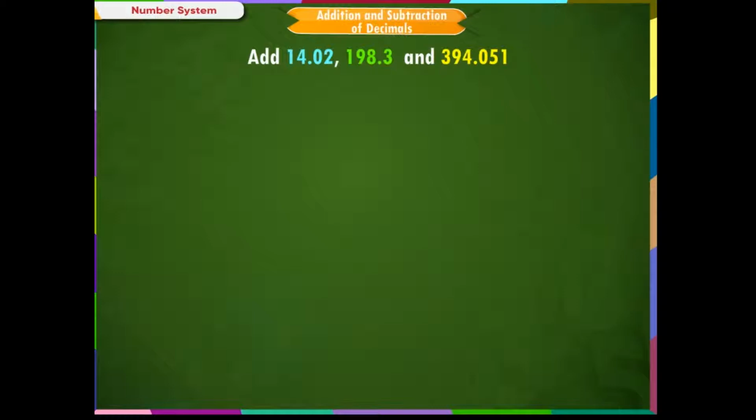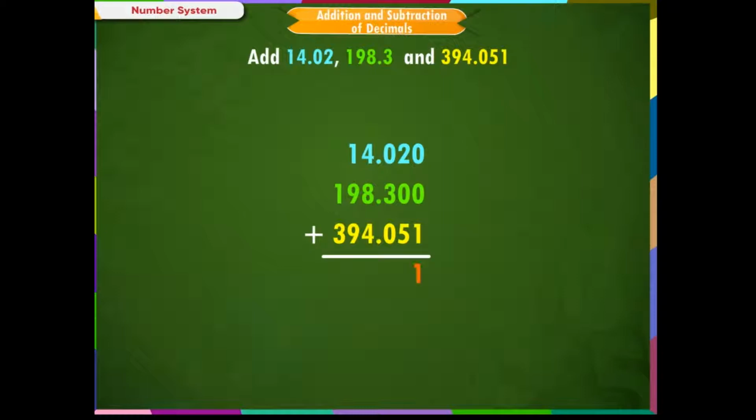That is 14.02 into 14.020, 198.3 into 198.300, and 394.051 will remain the same. 14.020 plus 198.300 plus 394.051 is equal to 606.371.